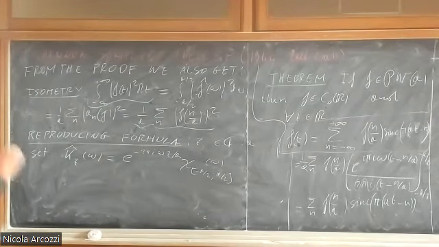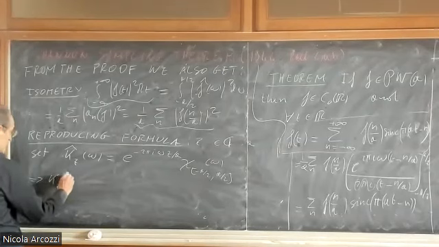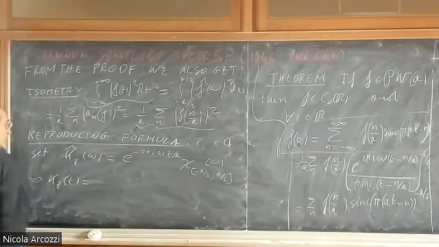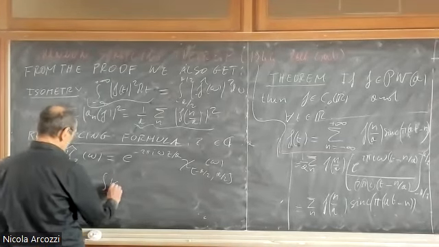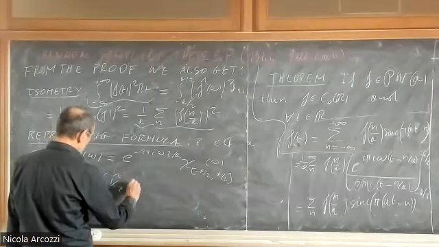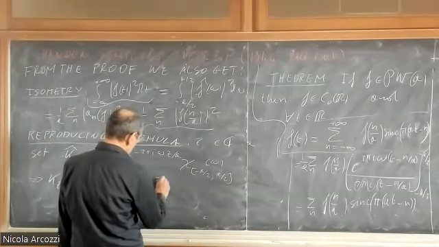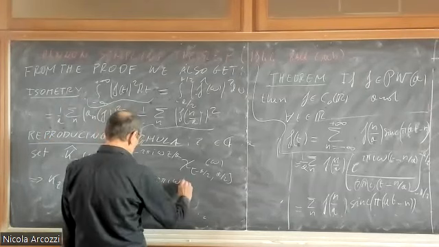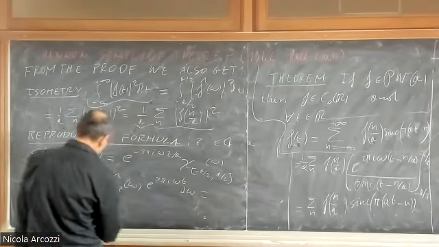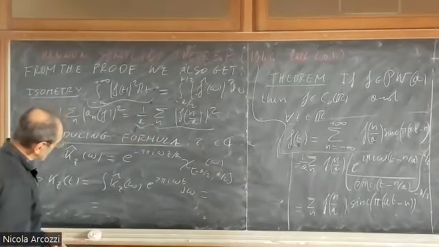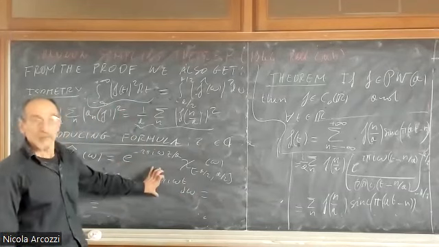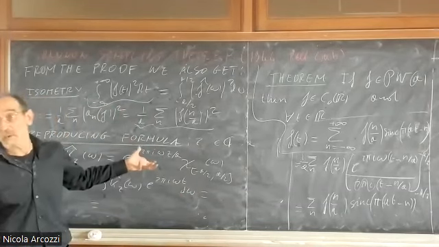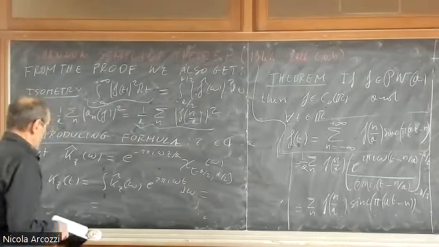Which means that K_z(t) is, by Fourier inversion, the integral of K_z hat of omega e to the 2 pi i omega t d omega, and this means that we are integrating between minus a over 2 and a over 2 an imaginary exponential, which is the calculation we did before, and we got a sinc.